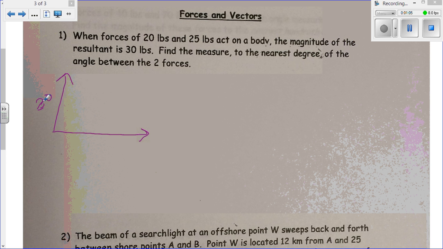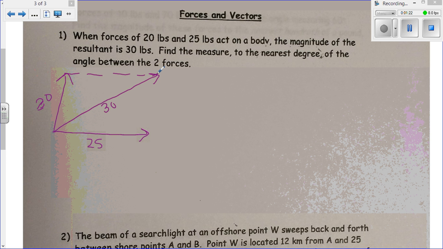The other force is 25 pounds. And the magnitude of the resultant is going to be the force in between them, or a diagonal, is 30.